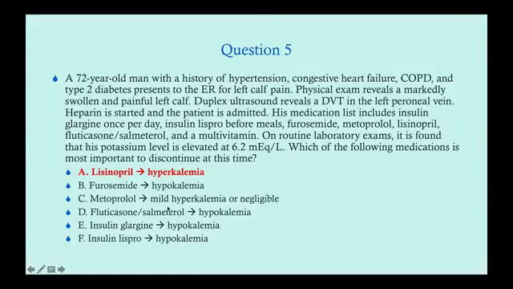Metoprolol, I included it in here because I wanted to point out that it's probably negligible, but it can cause a mild hyperkalemia. If you do enough reading, you'll probably run into an article or two that says metoprolol can cause hyperkalemia.